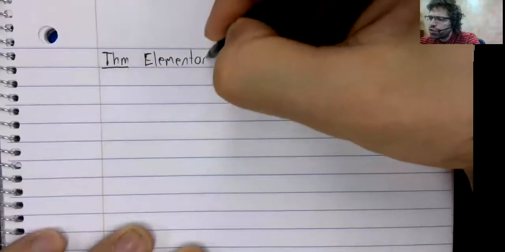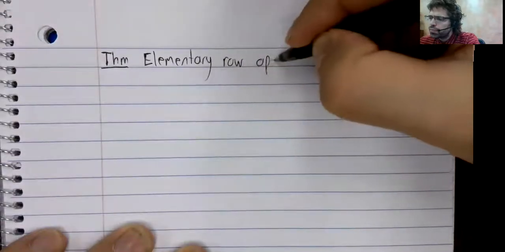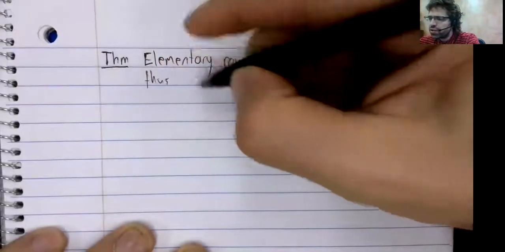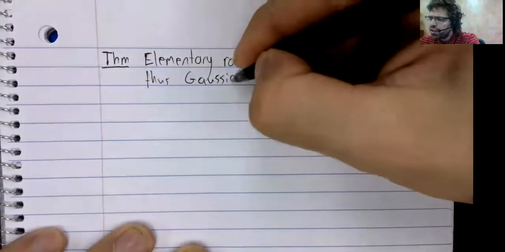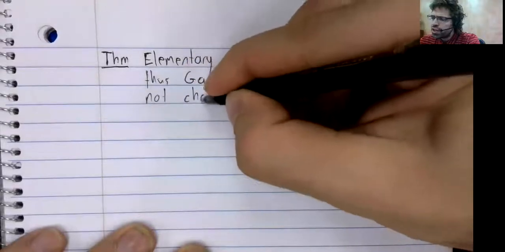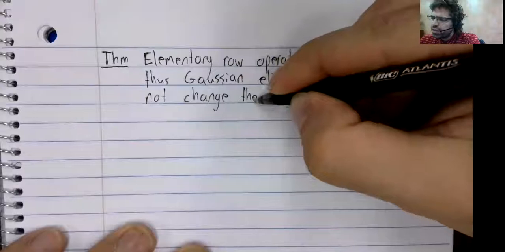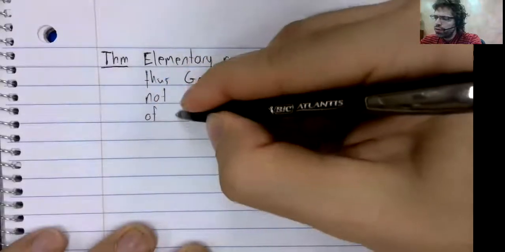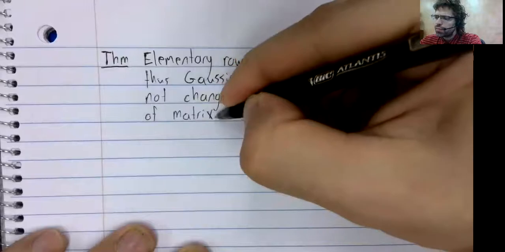So let me briefly summarize this in writing. Theorem: elementary row operations, and thus Gaussian elimination, do not change the row space of a matrix.